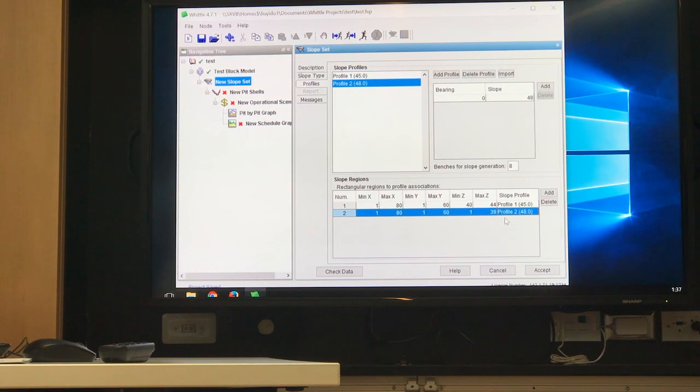You can do this easily by going here. Let's say in profile 2, I want to assign different slope angle to different areas of the pit. How? Let's assume that this is your pit, okay, and this is north.